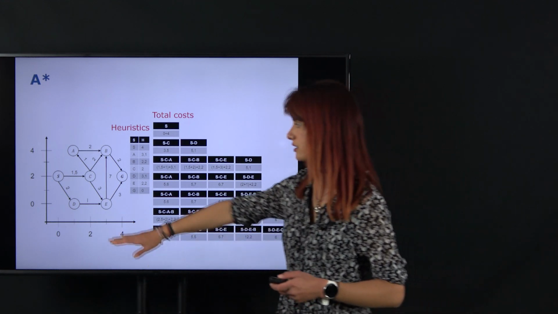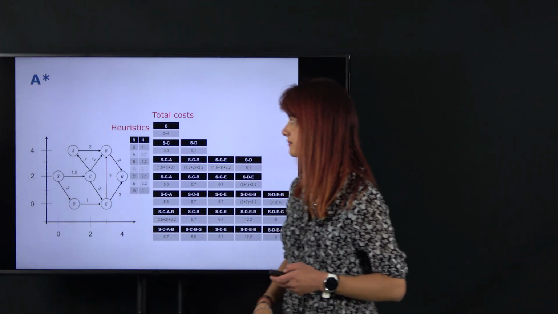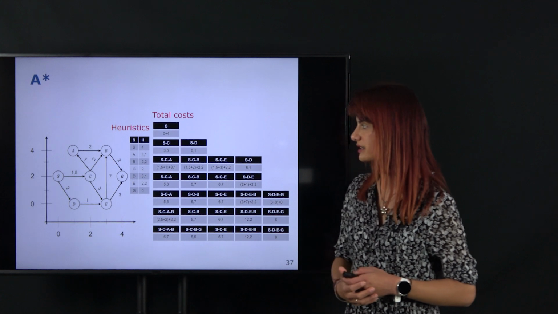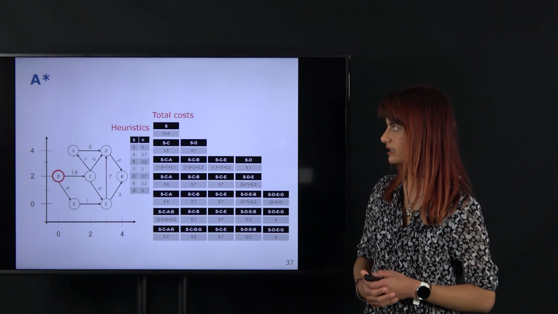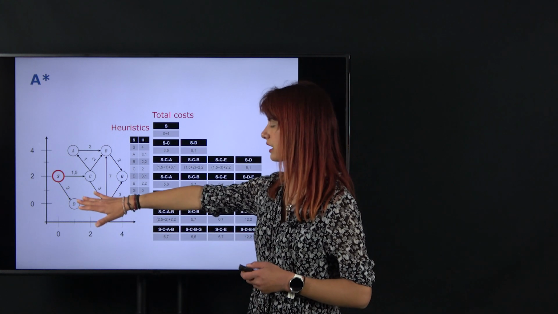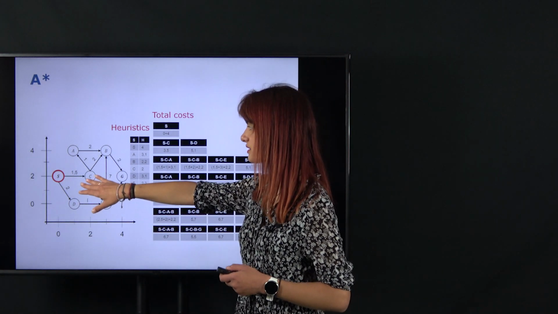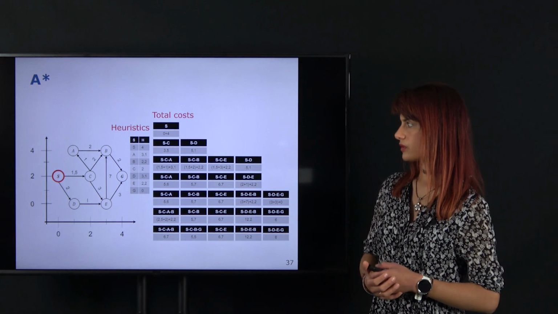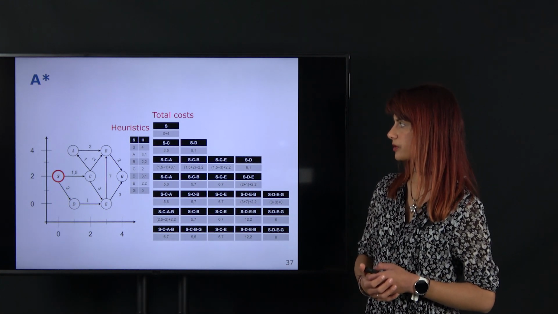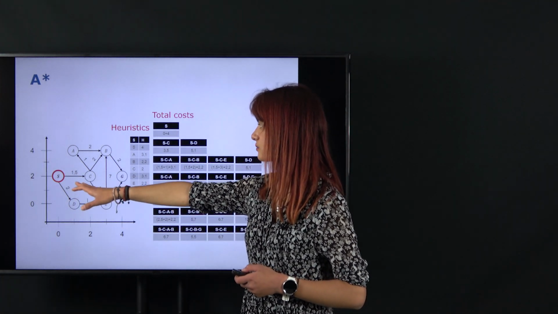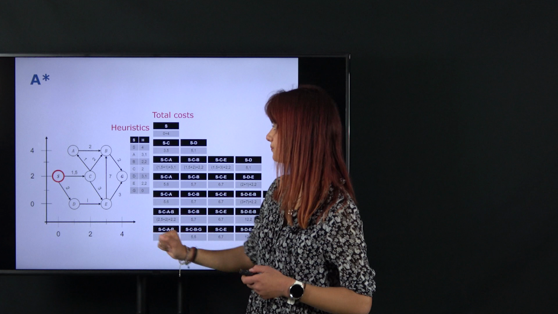So at the beginning we start over here at S, and we have heuristic value of 4 that we get from the table, and the only node that we can expand there is actually S. So we have now generated new nodes C and D because of their connectivity to S. And we can put the edge lengths as well as the heuristics.